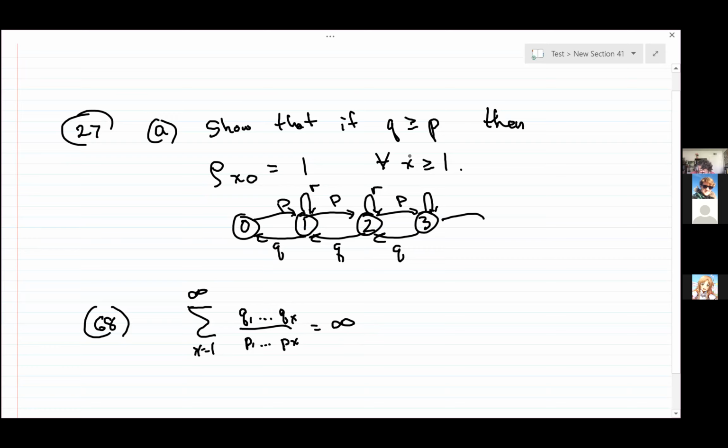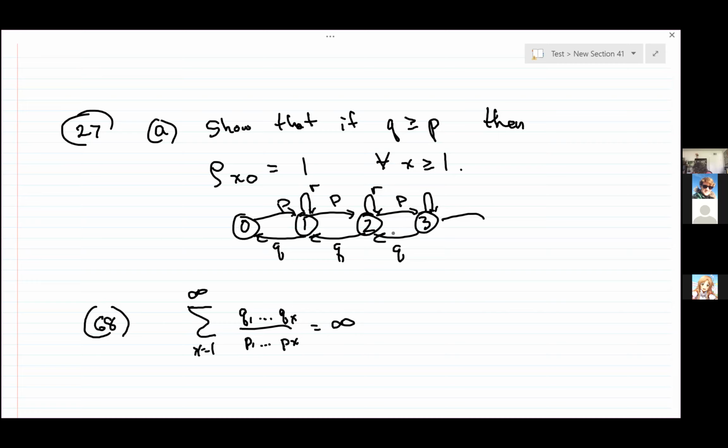And by the way, the other result was when P was bigger than Q, then there was a chance that, as I said before, the current is going up. So then everything is transient. But this part of the problem here is looking at it when it's recurrent.